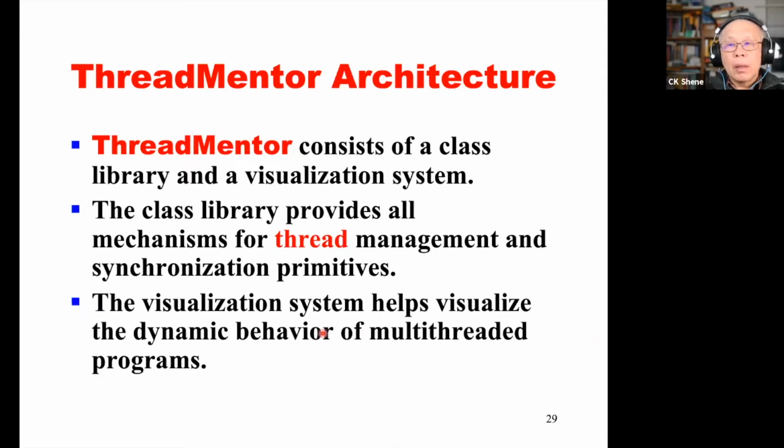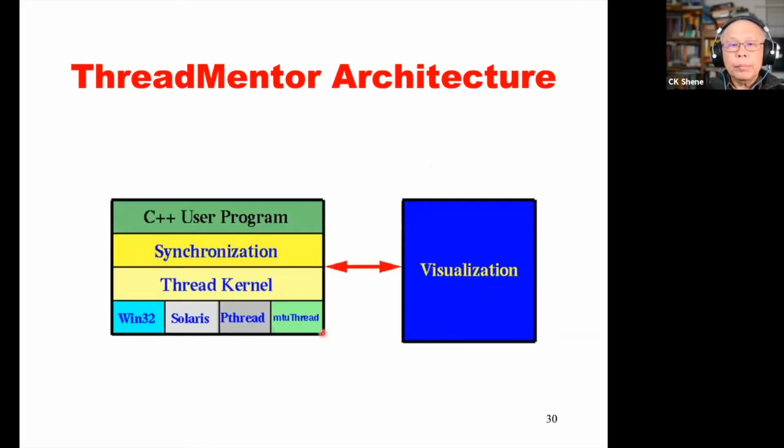The class library provides all the mechanisms for thread management and synchronization primitives. The visualization system helps you visualize the dynamic behavior of multi-threaded programs. The development of ThreadMentor was supported by the National Science Foundation for 3 years.